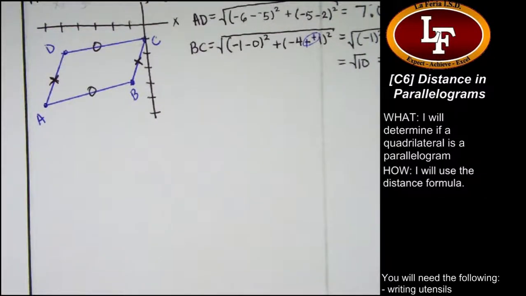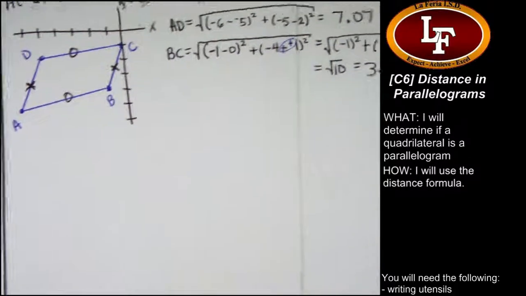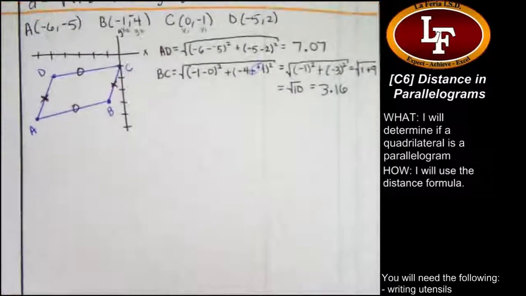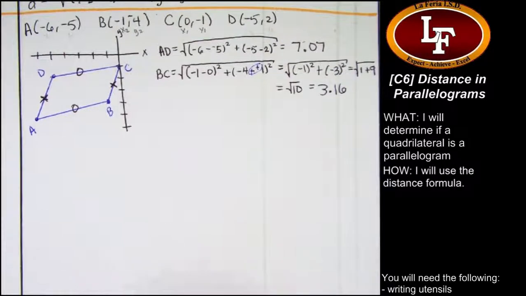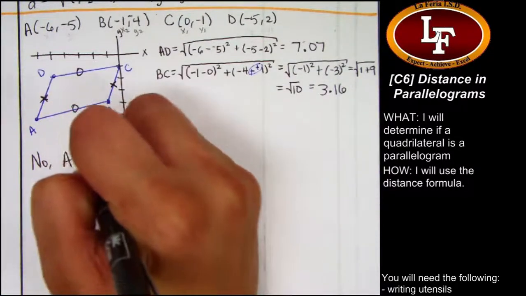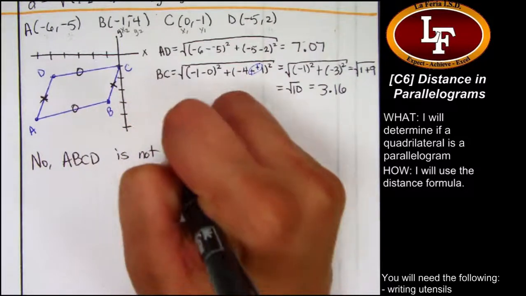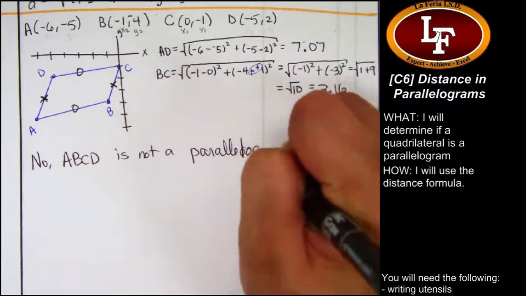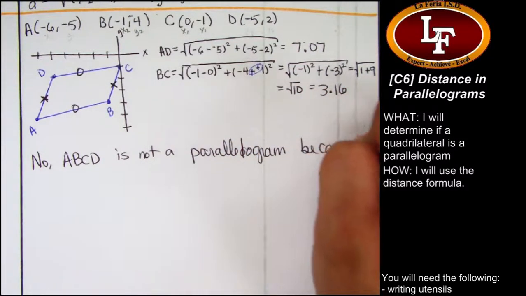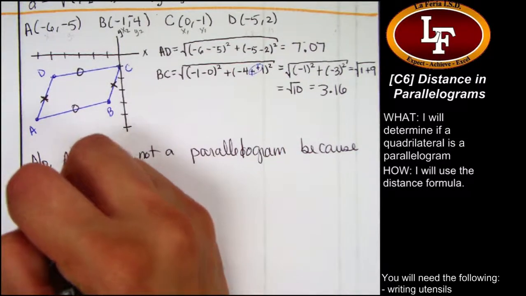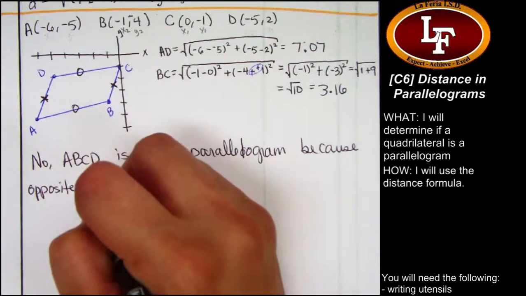And if they're the same, those sides are congruent, and we would have hit, yes, this is a parallelogram. But since my sides came out different, according to my calculations, I have to write that no, ABCD is not a parallelogram. And the reason it's not a parallelogram is because opposite sides are not congruent.